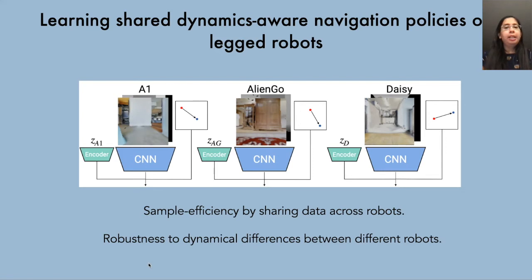So we are getting 3 times as much data for the same number of steps per robot, as well as robustness to dynamical differences. Since A1, Aliengo, and Daisy all 3 have different dynamics, and all of this data is together used for training our shared navigation policy, our shared navigation policy is automatically robust to these dynamical differences.